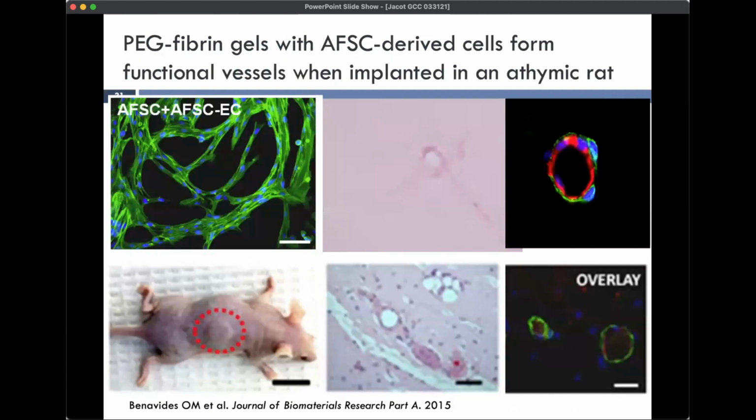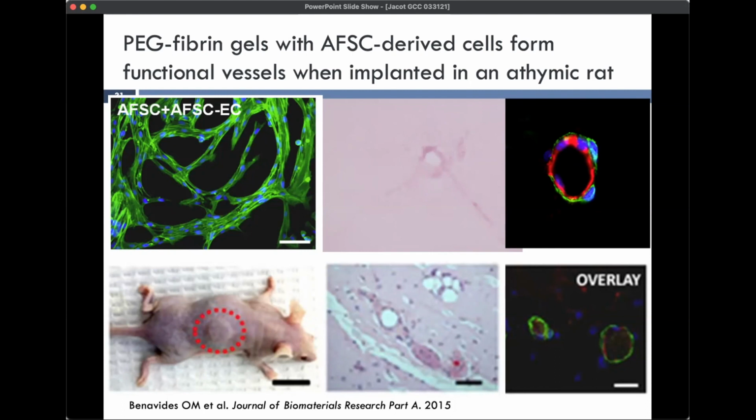And by taking these fibrin gels, we cross-link them with polyethylene glycol to reduce their degradation. And when we do that, we figured out we could put in endothelial cells and then unfractionated amniotic fluid cells as support cells, and really get a capillary system that forms through this. And if we implant this into a nude mouse, we get very fast vascularization and attachments to the mouse vasculature.